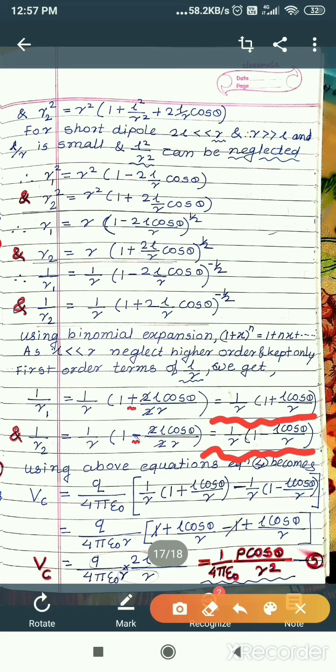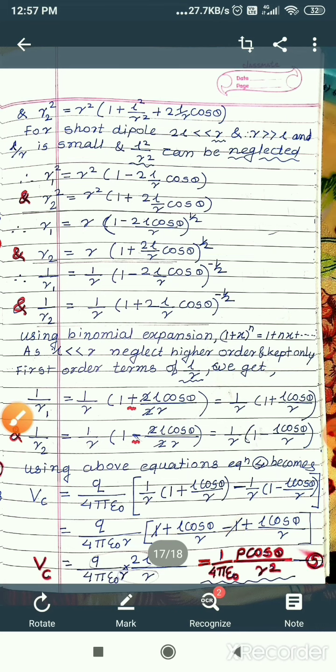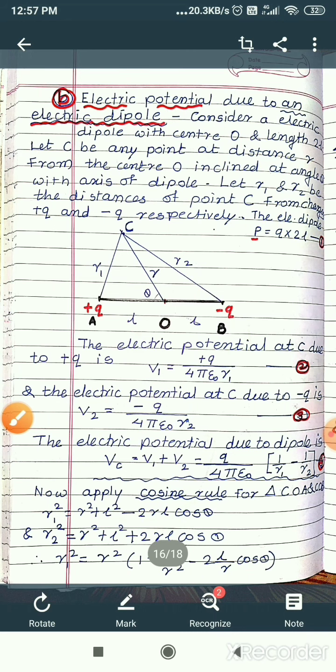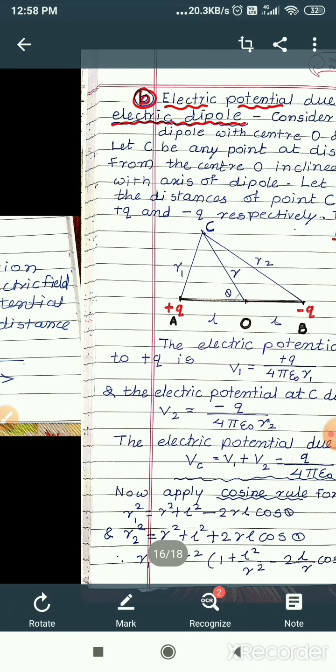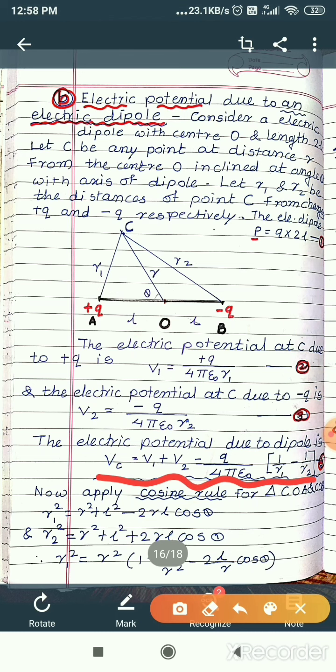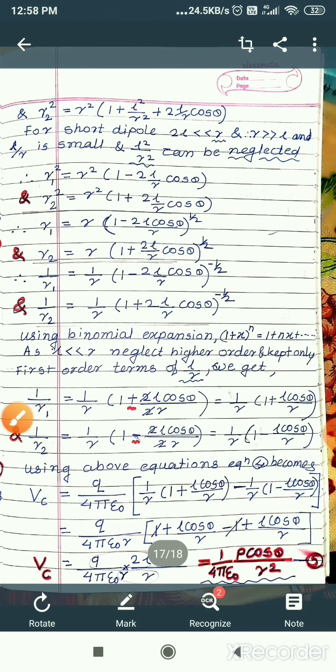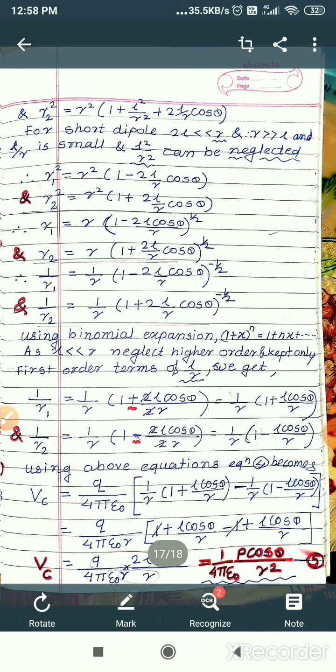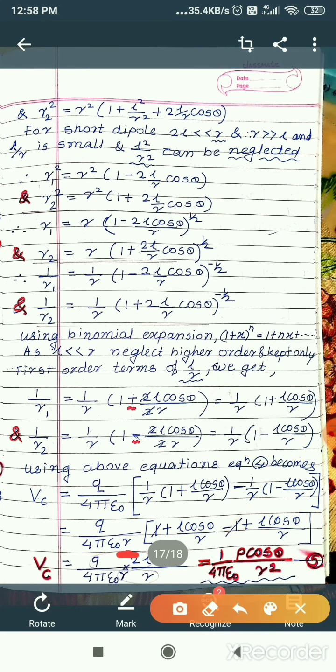Now put these values into our equation number 4 and calculate the answer. If we solve the equation, the common term is 1 upon r outside the bracket, and 1 plus L cos theta upon r minus 1, minus minus becomes plus L cos theta upon r.